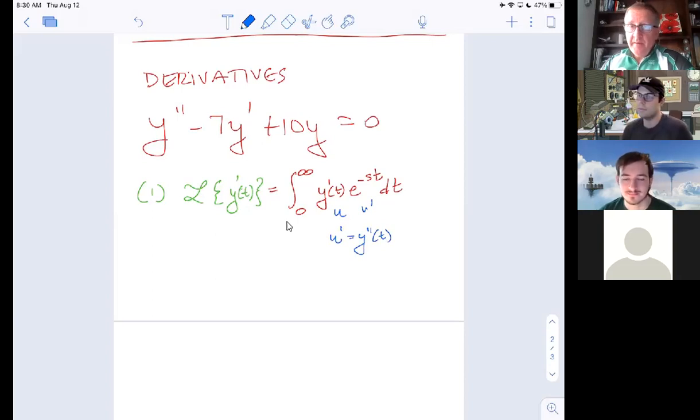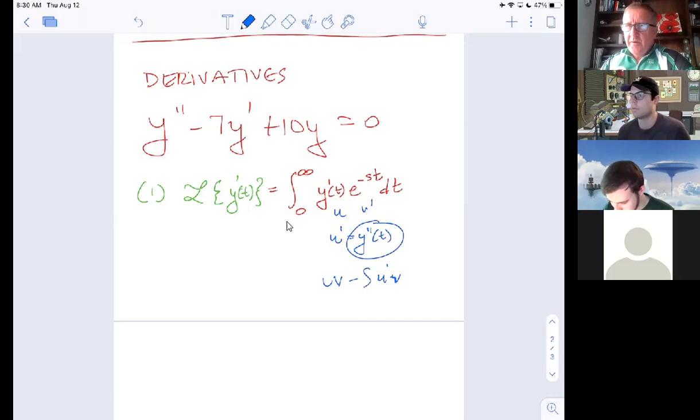We're going to end up with uv minus the integral of u prime v. Does it make sense if that's sitting there? That's just got worse. Like we don't know how to take the integral with y prime of t. So how are we going to find the integral of y double prime if we can't even do y prime? So that actually turns out to be the wrong choice.